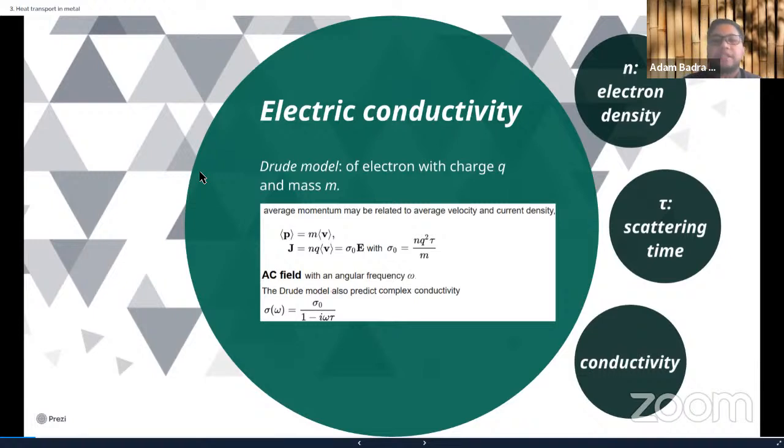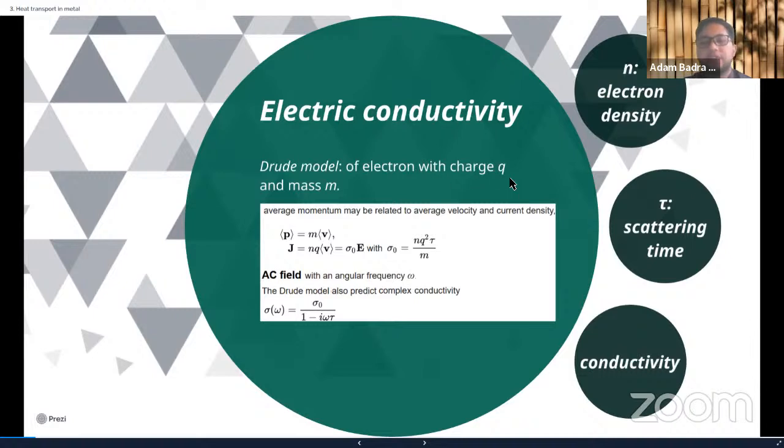From that we find that the conductivity sigma depends on n, q squared, tau, and m. So there are four quantities that define the conductivity of a metal: n, the electron density, tau, the scattering time, and q and m, the charge and mass of the electron.